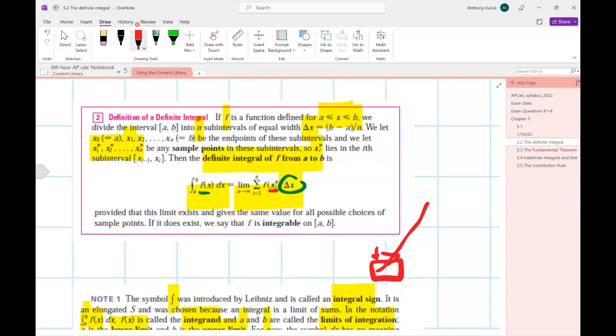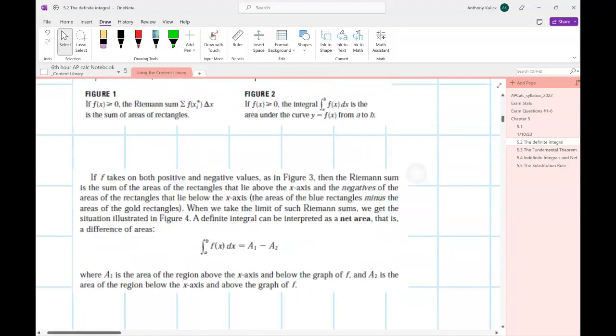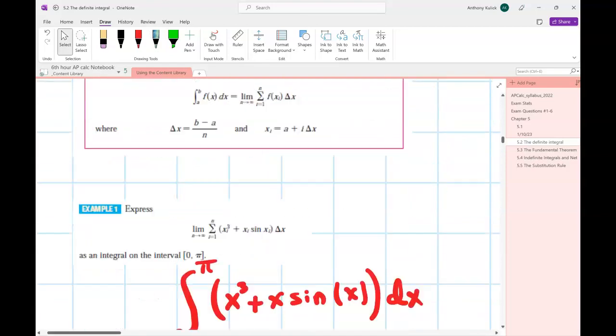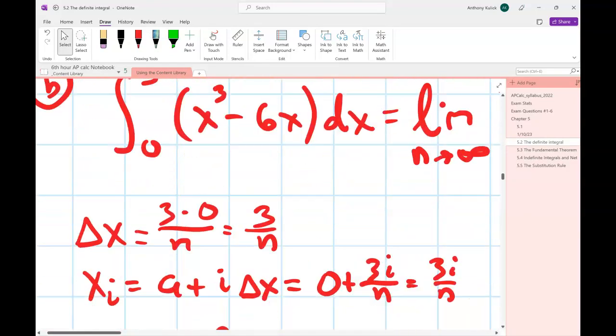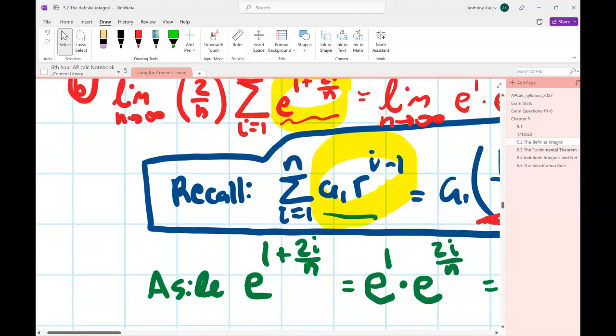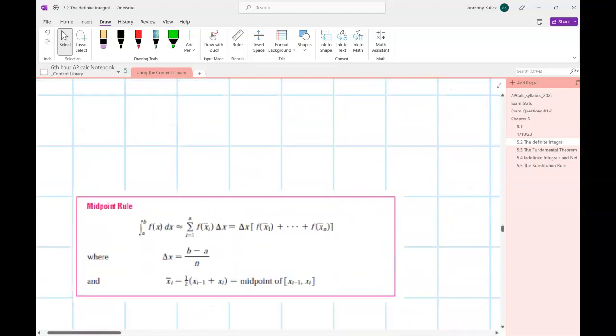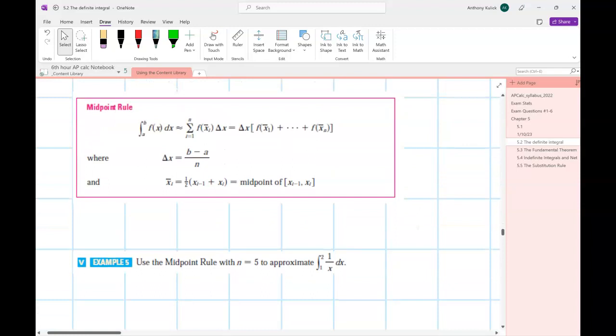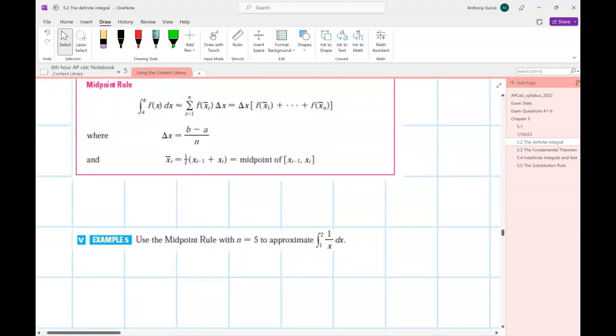You might get a better approximation doing it that way. So that's what we're going to look at in the next spot, using a midpoint rule to approximate one of these integrals, because it can be a better approximation than either a left hand or a right hand. Or in most cases, it's a better approximation.